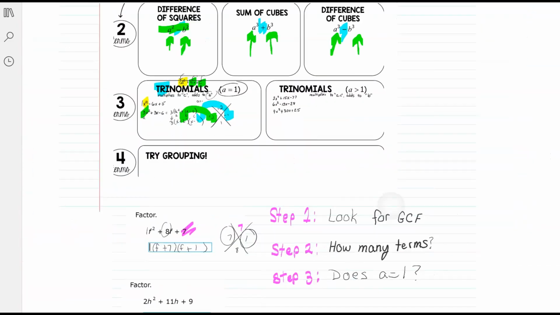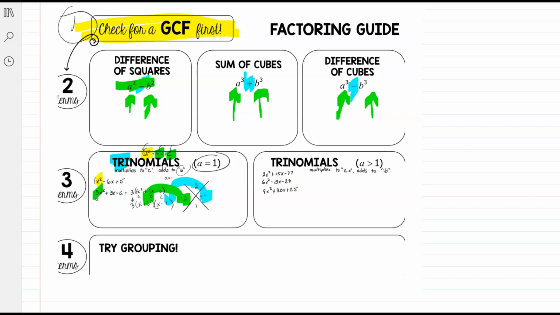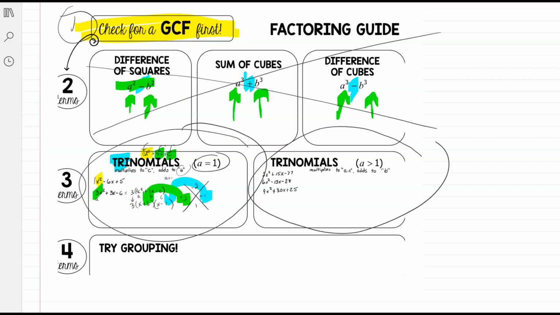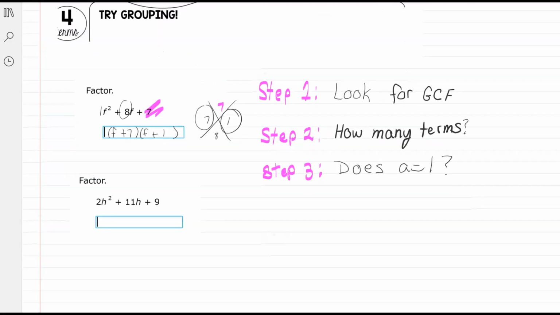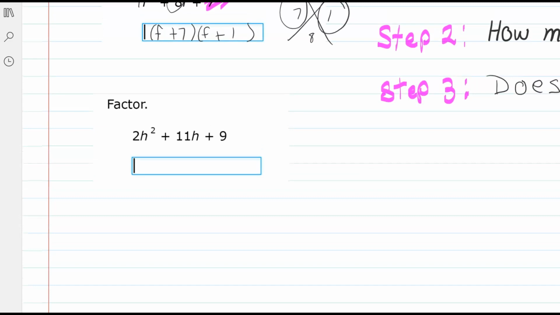So basically, that's what this is, right? So we want to know which one we're going to use. Well, if there's not 2 terms, we're not going to do these. Then we look, oh, there's 3 terms, so it's either going to be this one or this one. Well, if A is 1, it's this one. If A is greater than 1, it's this one. This first one, A was 1. The second one, A does not equal 1.